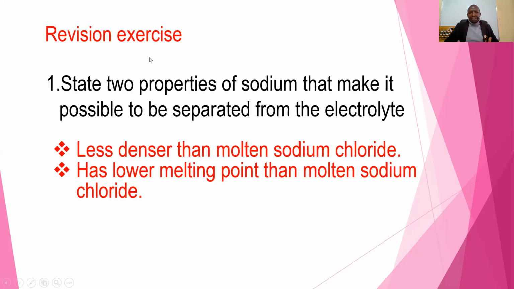Then you can have some revision exercise. Two properties of sodium that make it possible to be separated from the electrolyte: it is less dense than molten sodium chloride and also has a lower melting point than molten sodium chloride. Those are the two properties that make separation of sodium from sodium chloride possible.